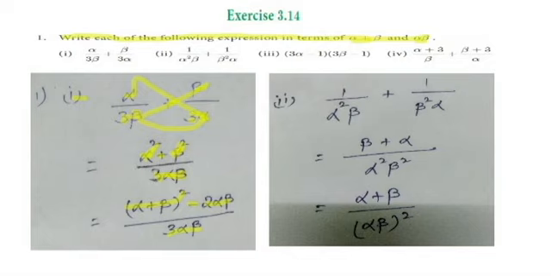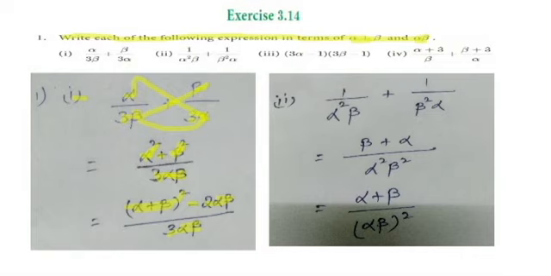So now see, this is the final answer. In this we are having alpha plus beta, here alpha beta we are having, so in the denominator also alpha beta we are having. So we completed this, we wrote this in the form of alpha plus beta and alpha beta. The same way we have to do all the sums.